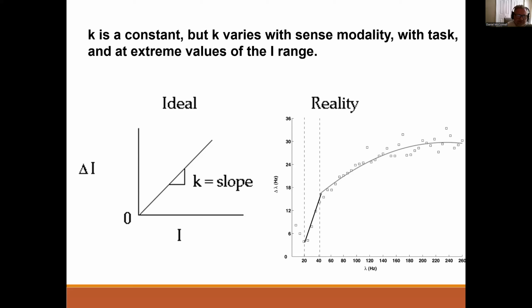So if you ignore the lines here on the right-hand side where it says reality, and just look at the little square scatter plot there, all those little squares of the scatter plot, what you might notice, and I don't know if you can see my mouse pointer from the Zoom recording, but on the far left-hand side, the lowest values on the x-axis, whatever that lambda is, this is hertz or something for a tone, I guess.